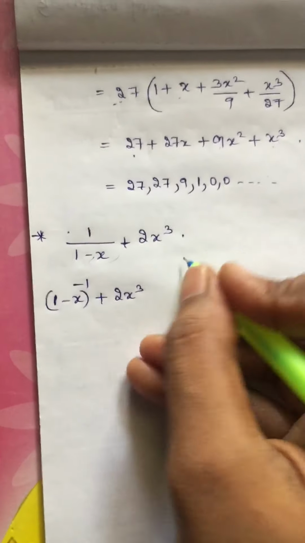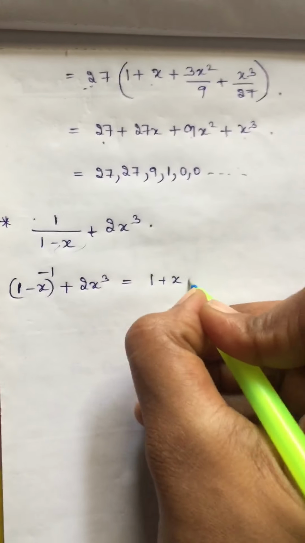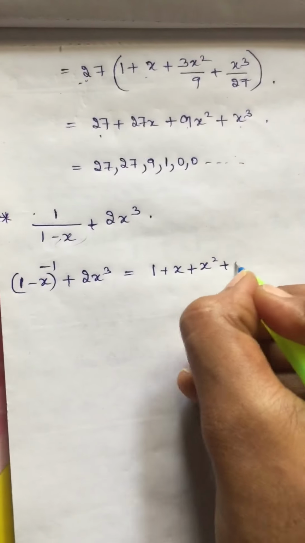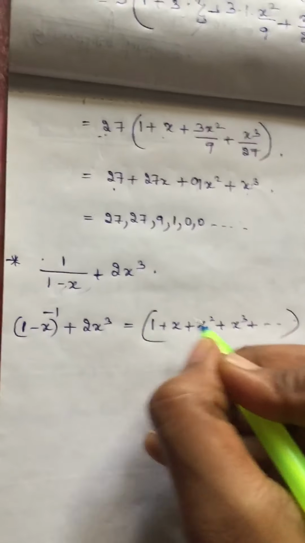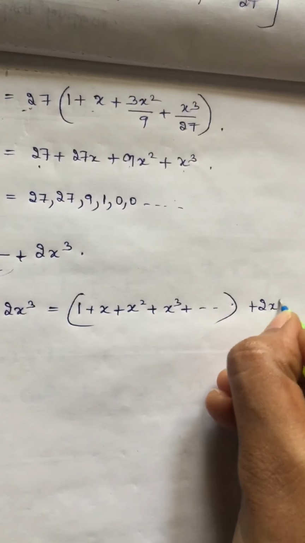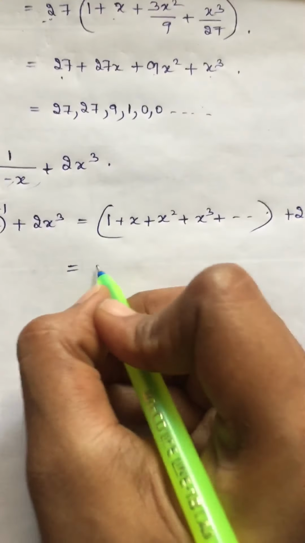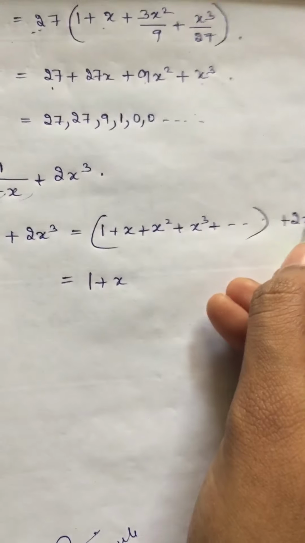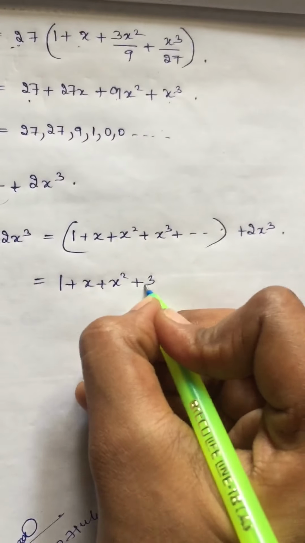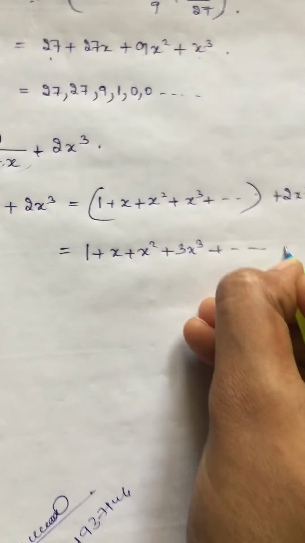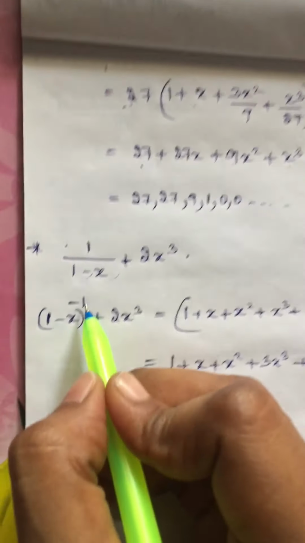It is 1 plus x plus x square plus x cube and so on, plus 2x cube. The coefficient of x cube has another term now, so we have to combine those two terms. We get 3x cube. What is the sequence generated for this expression?